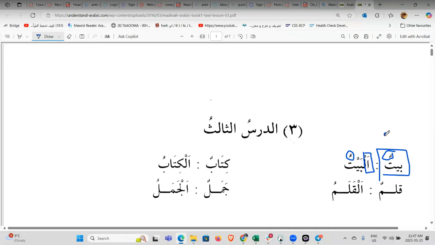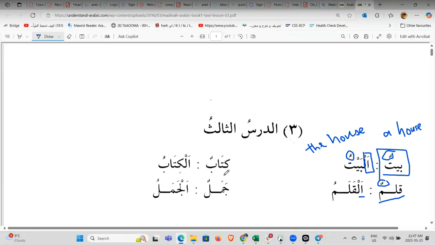So this is a house. And this is the house. Similarly, we have qalamun, a pen, al-qalam, the pen.